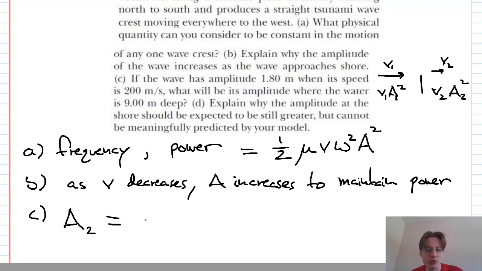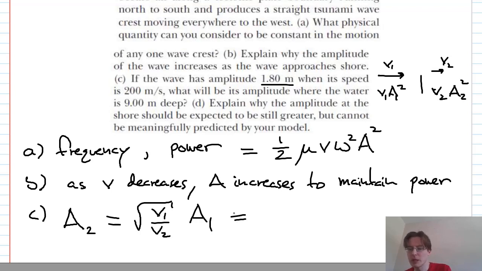So I can solve for A2. A2 is going to be equal to the square root of V1 over V2 multiplied by A1. So by knowing that the wave amplitude starts at 1.8 meters and knowing how the speed changes as you approach shore, I can solve for the amplitude. So they give me V1, that's given.